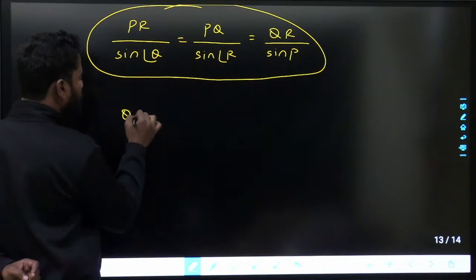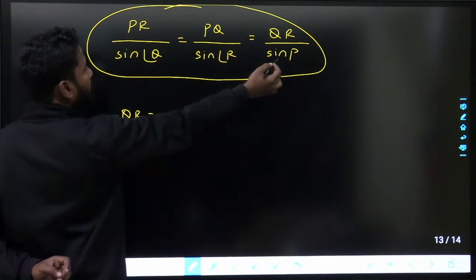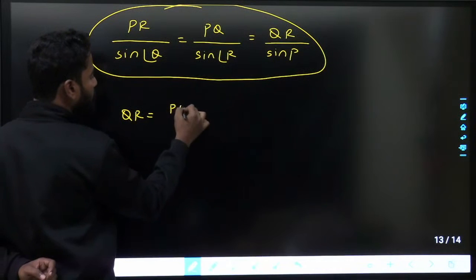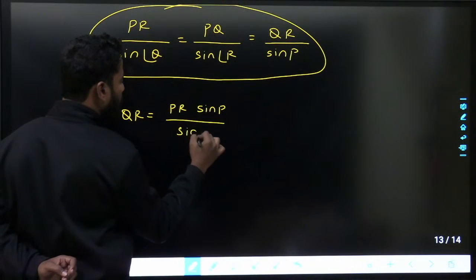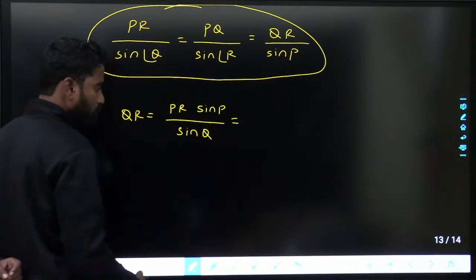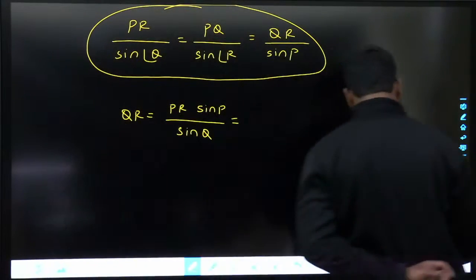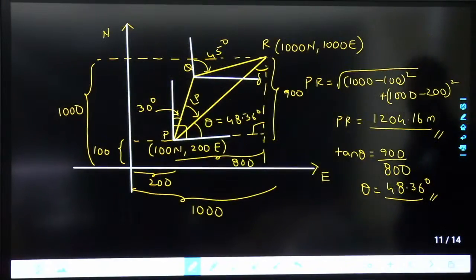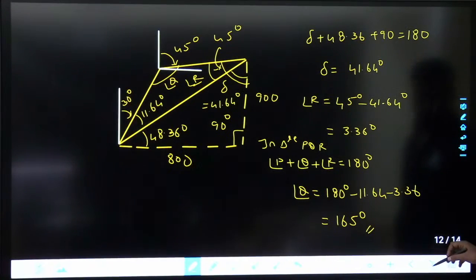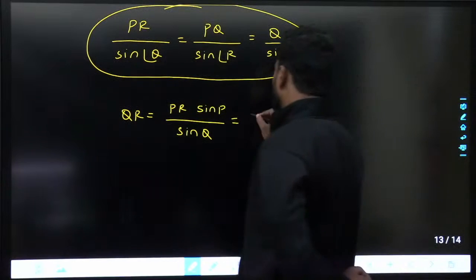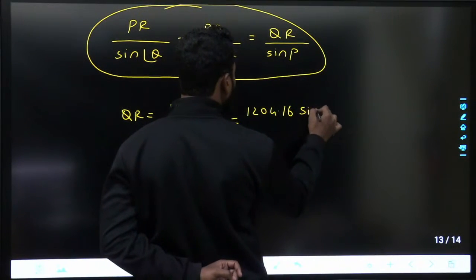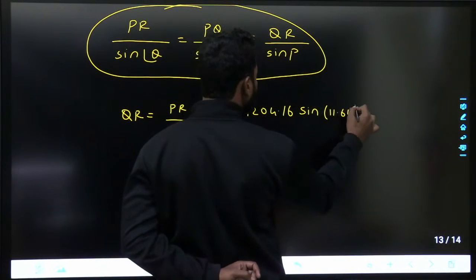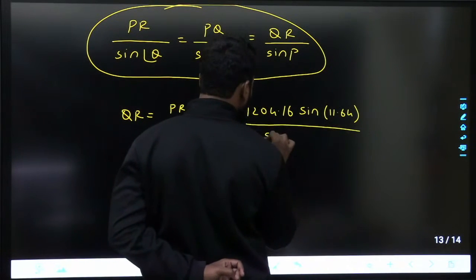So what would be QR? QR would be equal to PR sine P upon sine Q. PR value, how much did you get? 1204.16 sine P. Sine P is 11.64, upon sine Q.